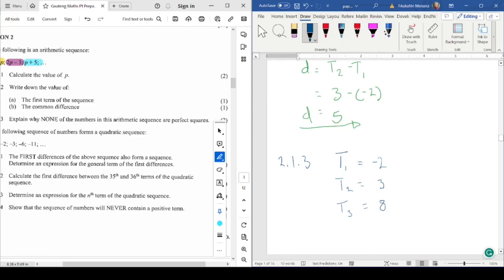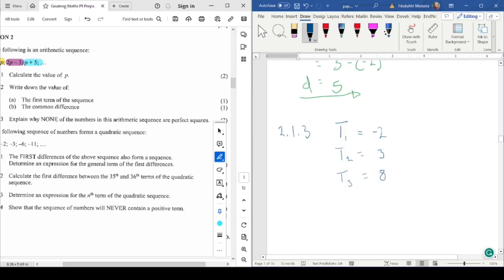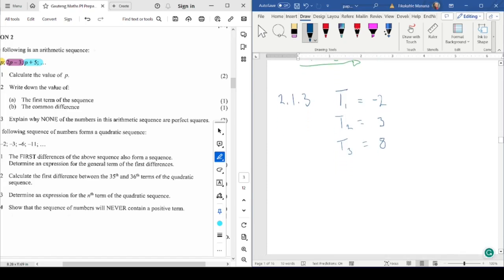And so on and so on. None of these would ever be able to give you a perfect square. Perhaps if T1 was a different number, or a number that leads towards a perfect square, then maybe we could have a perfect square. But because T1 is minus 2, then we can never ever have a perfect square.